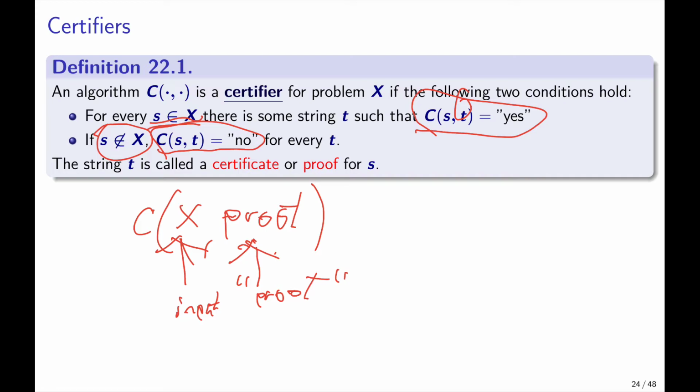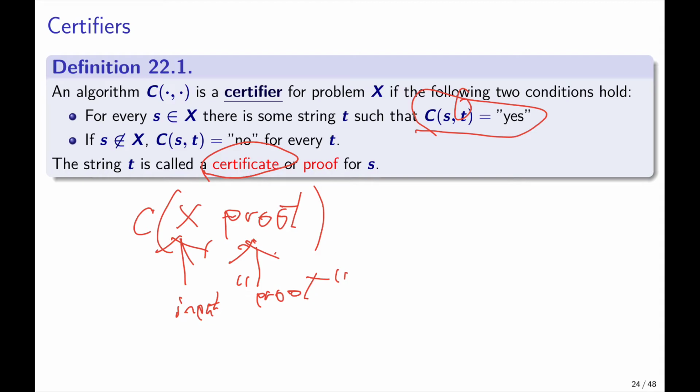You cannot feed it a proof for which it would say yes. So for a yes instance, there is a proof, a certificate, that the answer is yes. Otherwise, there is no such proof. This string T, which if you feed it to the certifier it says yes, is called a certificate or a proof.